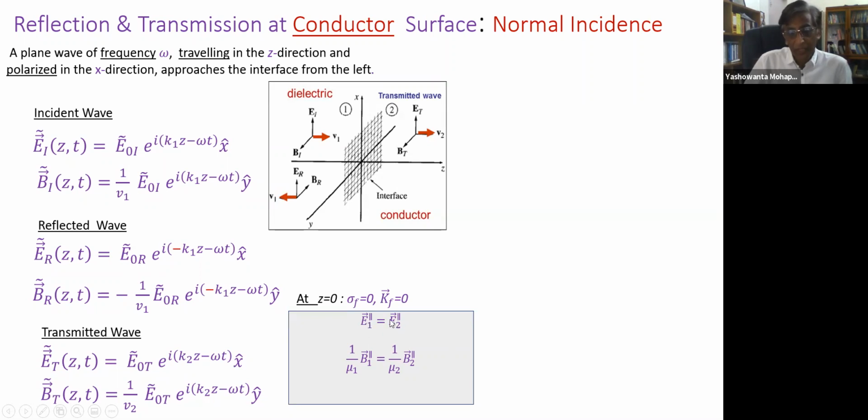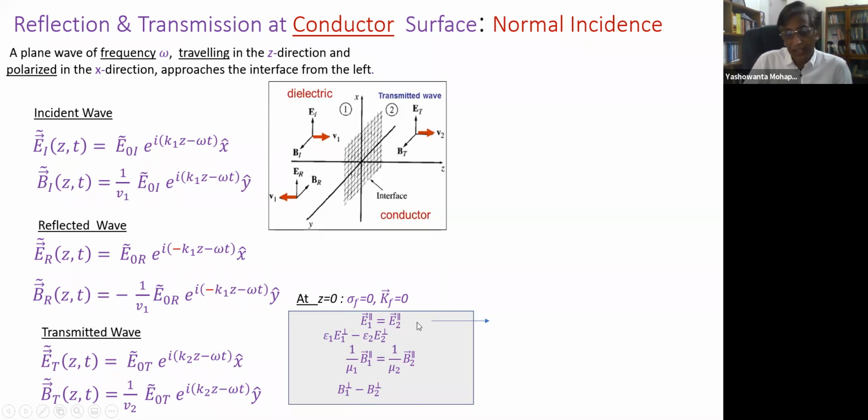The electric fields' tangential components are equal, and the H parallel components are equal. I've written down H in terms of B1 by mu1 and B2 by mu2. Okay, and of course this is always true, B1 perpendicular minus B2 perpendicular is equal to 0.